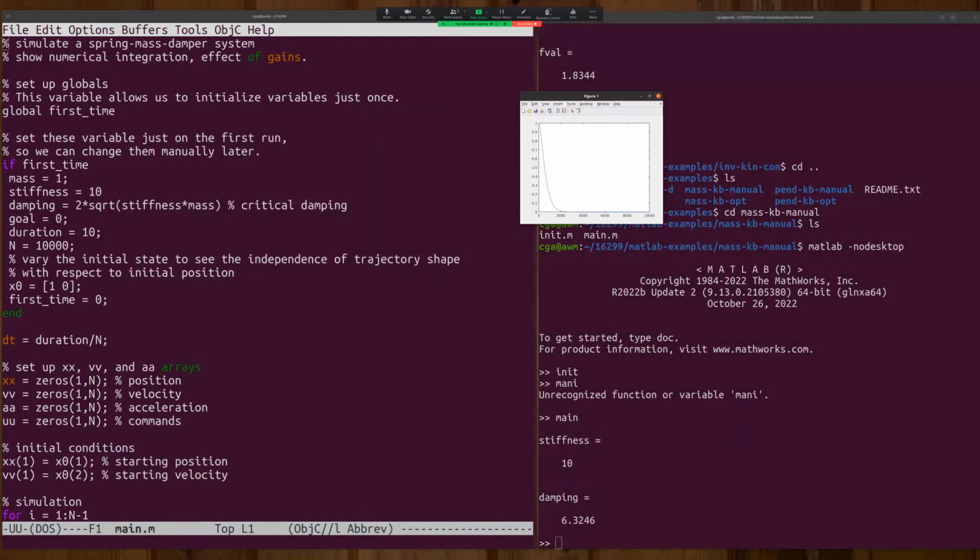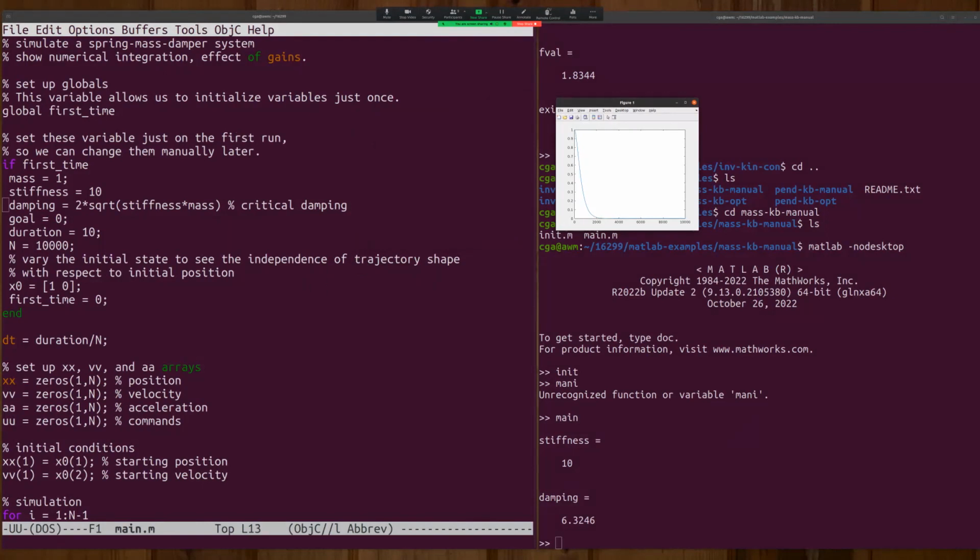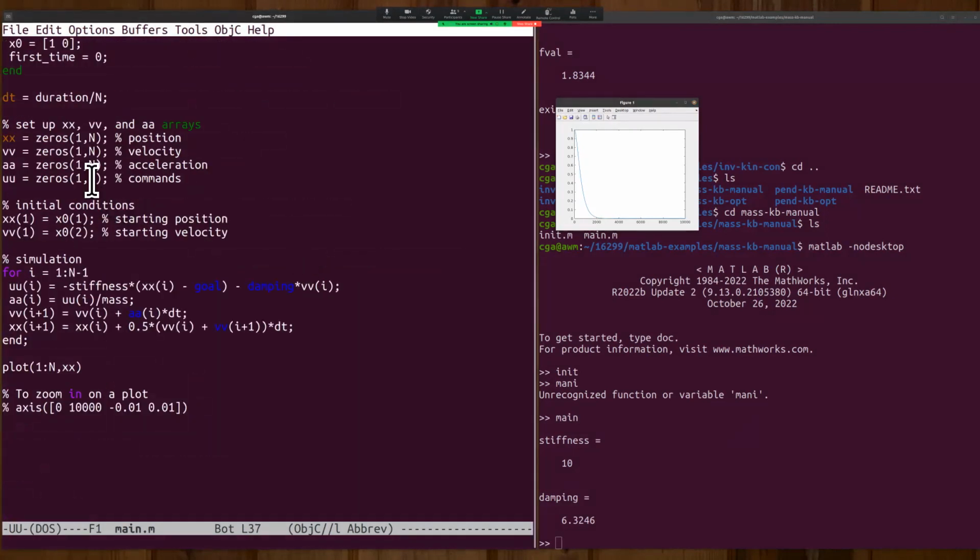And what's being computed here is we set up some arrays to store stuff in. We set up some initial positions, and then we basically go through every time tick. We compute a force, which is stiffness times the distance between the actual thing and the goal, and damping times the velocity.